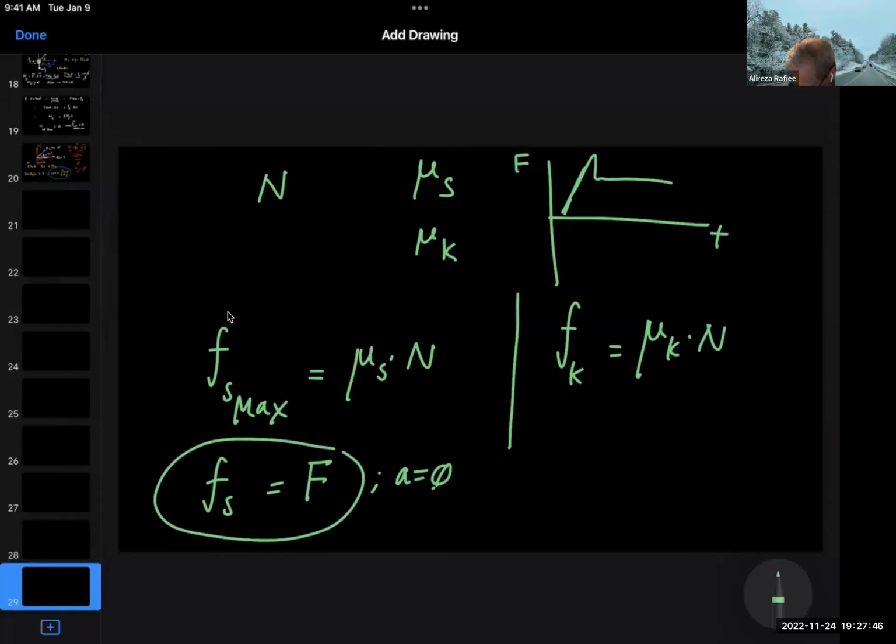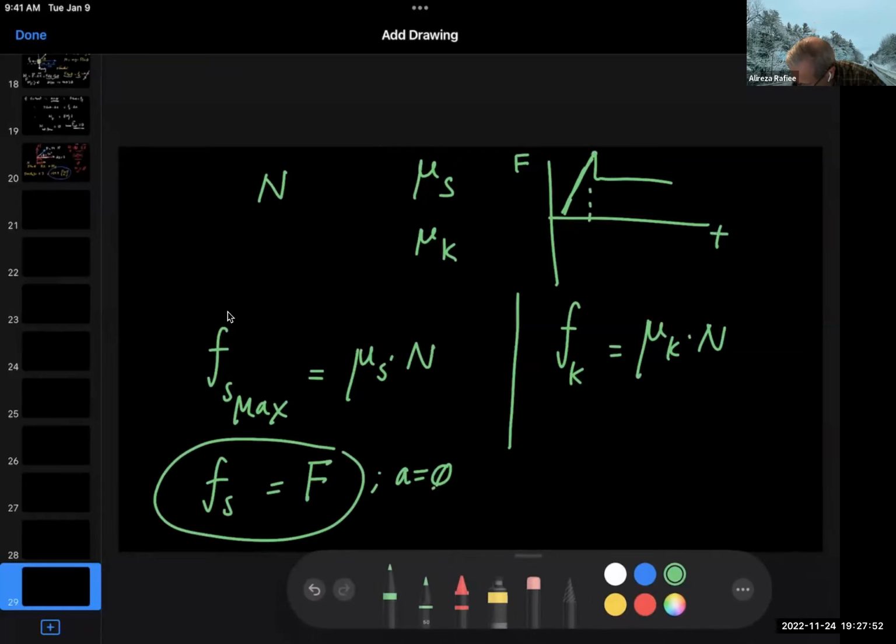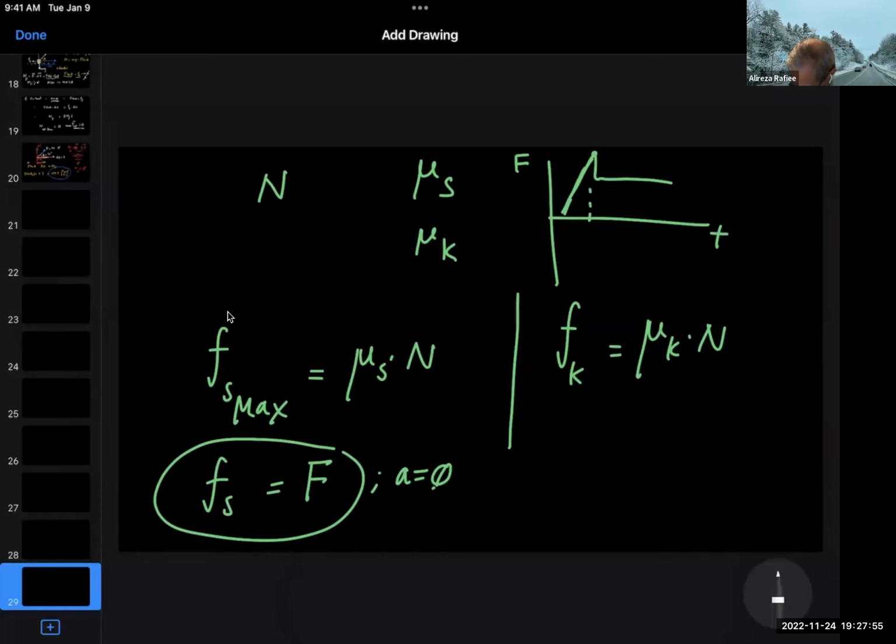And this is, let's say, time. Then at some moment, the object starts moving at this point. After that, suddenly the force of friction drops down and reaches a balance, a constant value, where this constant value is equal to this value.